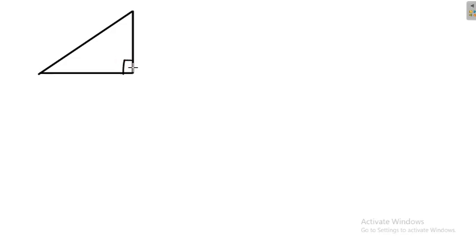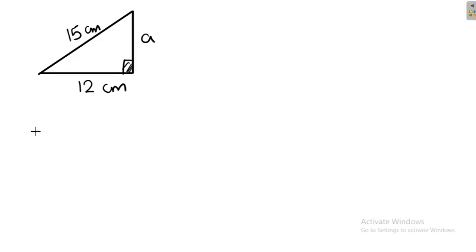We have 12 centimeters and 15 centimeters, and A. Ask yourself, is A opposite to the right angle? No. So it is one of the smalls.